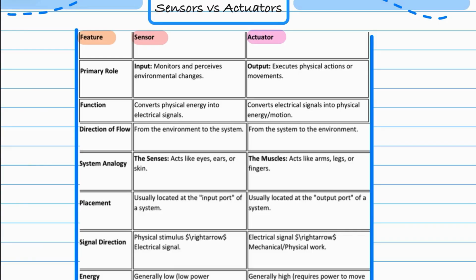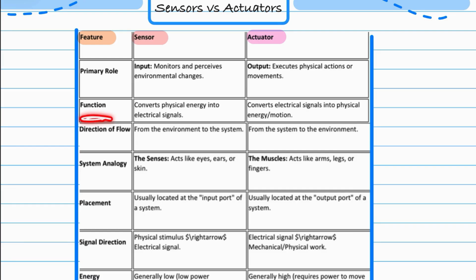Let's bring our whole discussion together with this critical comparison matrix, that is, the difference between a sensor and an actuator. The primary role of a sensor is to monitor and perceive the environment, whereas the actuator executes the physical action based on what the sensor has perceived.